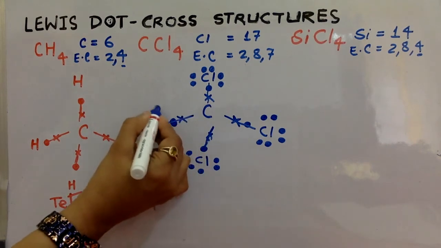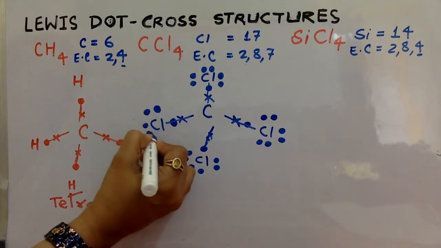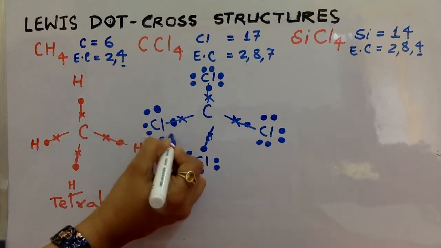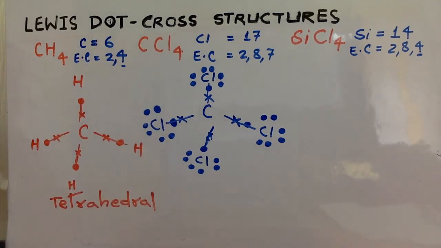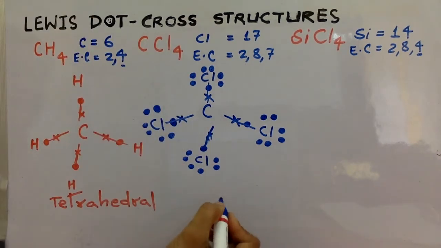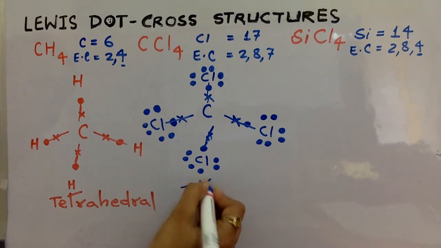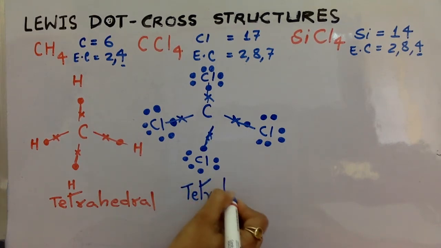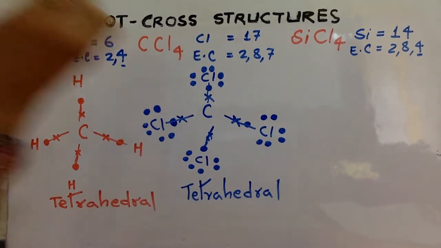Same thing here. And 1, 2, 3, 4, 5, 6, 7. So these are the 3 lone pairs. So that is carbon tetrachloride. Again, it is also a tetrahedral structure.